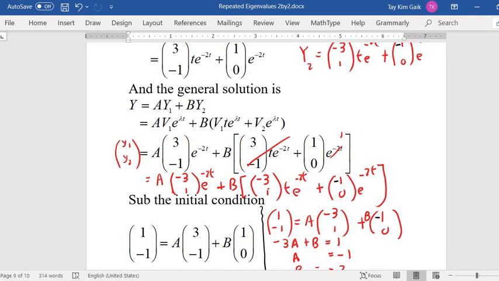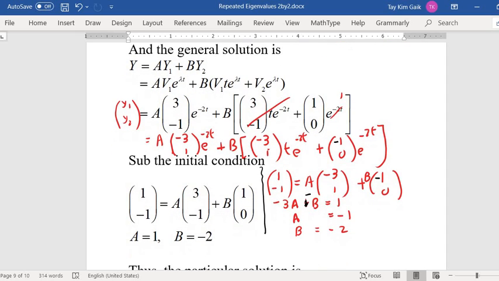So negative 3a, this negative b equal to 1. So the a and b values: a is equal to negative 1, so b will be equal to positive 2.